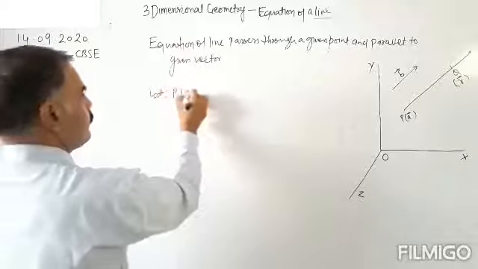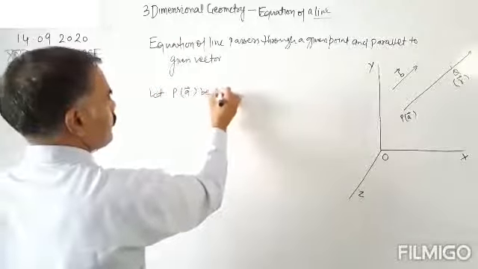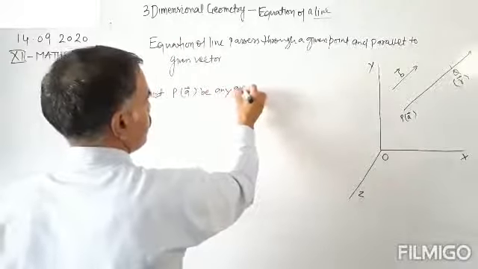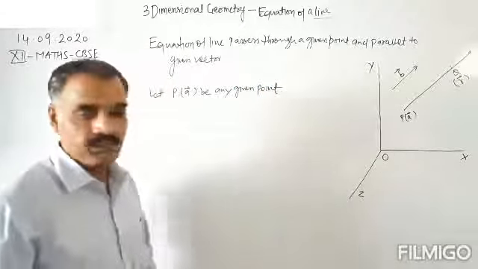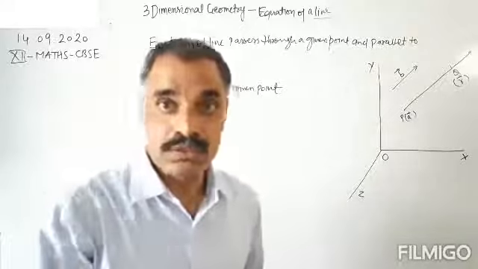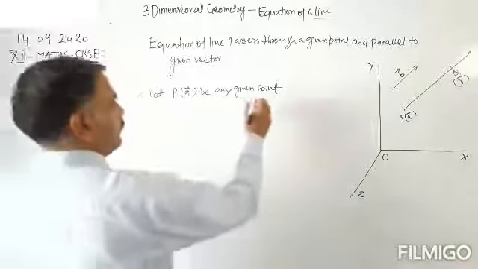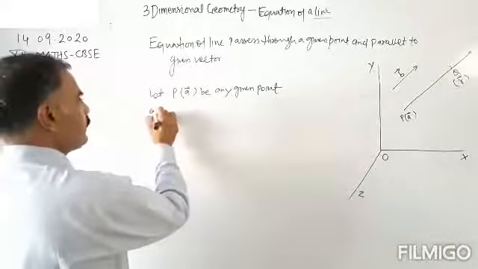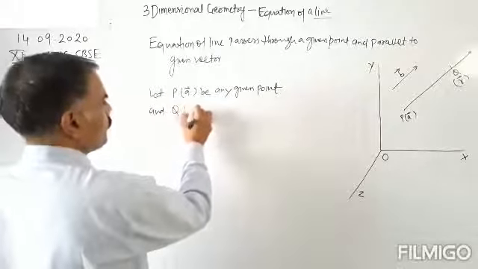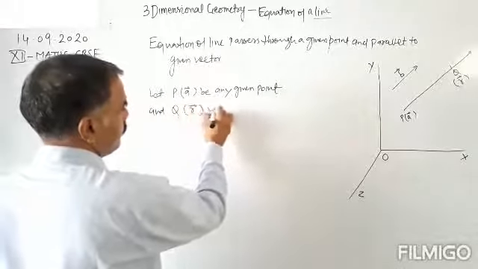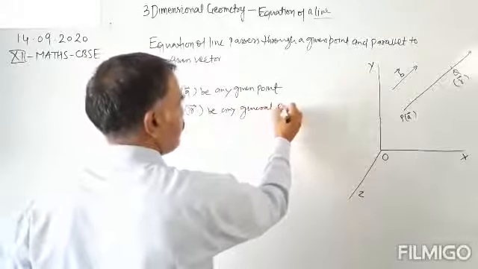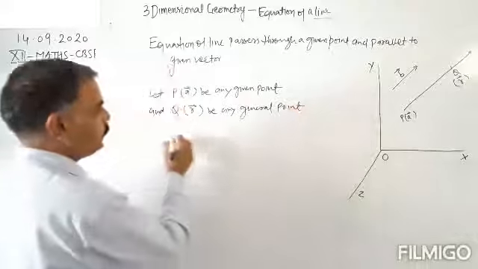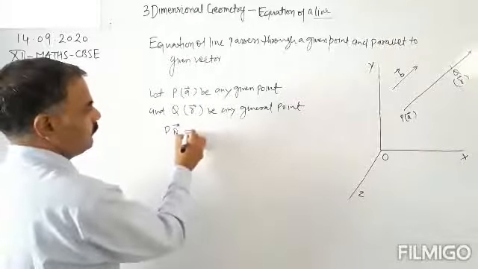Let P, A vector, be the given point, and point Q, R vector, be any general point.